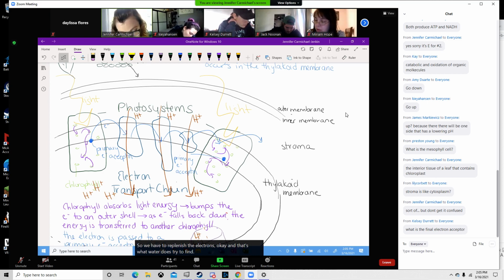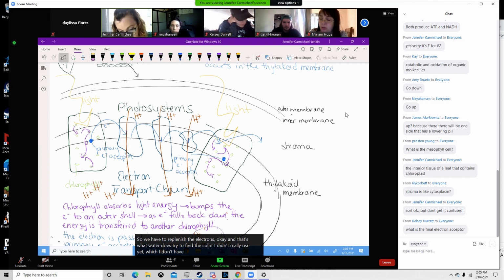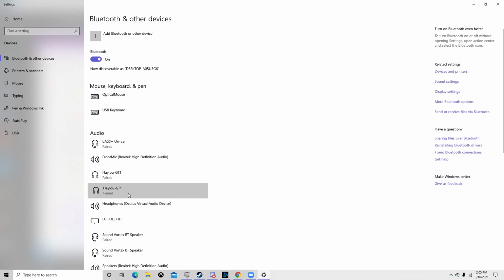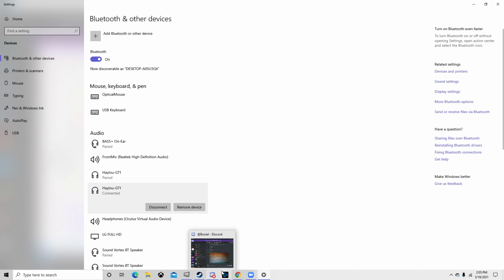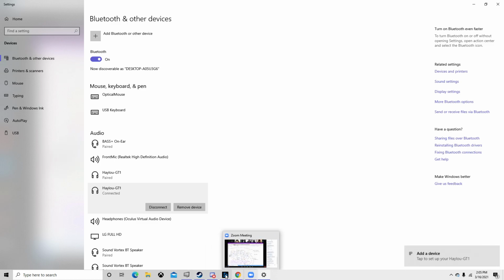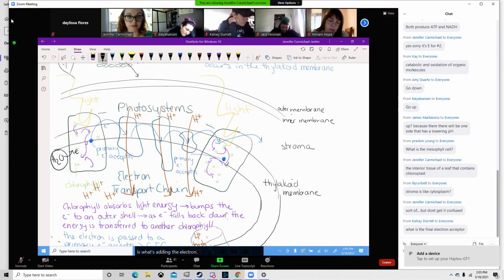Try to find a color I didn't really use yet, which I don't have very many color choices in Outlook here. So we'll just use black, okay? So water is what's adding the electrons. That's why water and sunlight go together. Keep your plants happy.